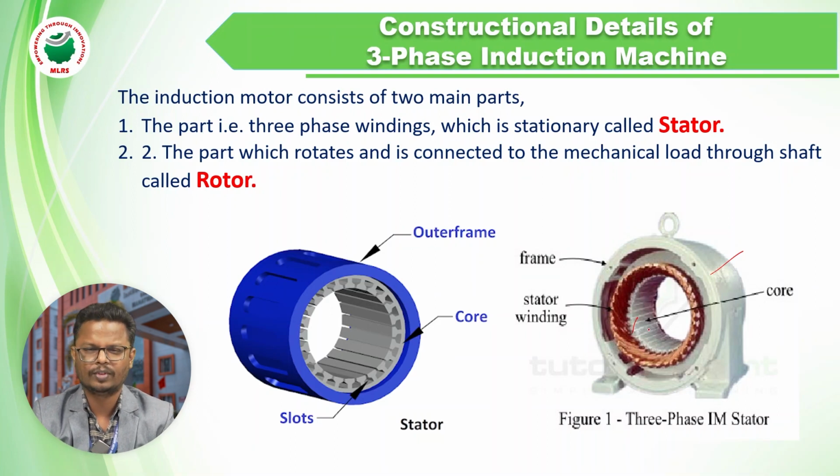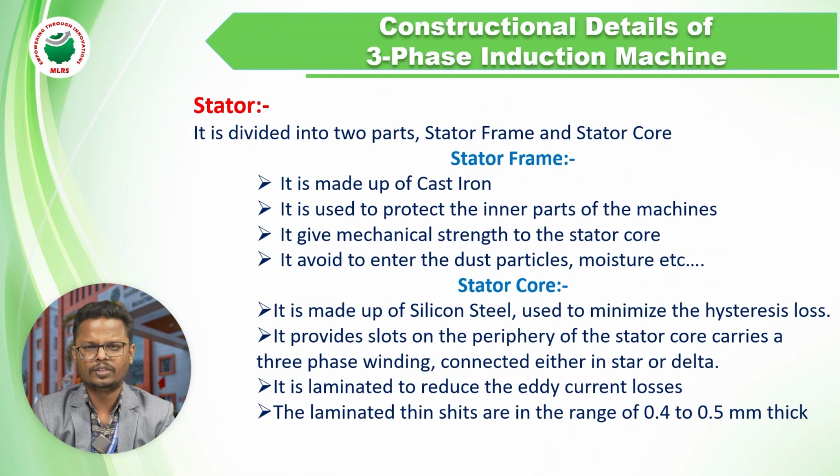First we will discuss the stator. The stator contains two parts: the stator frame and the stator core. The stator frame is made of cast iron, and it protects the inner parts of the machine. It also gives mechanical strength to the stator core, and keeps dust particles, moisture, etc. out of the machine.